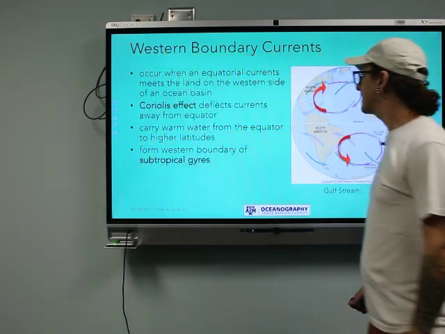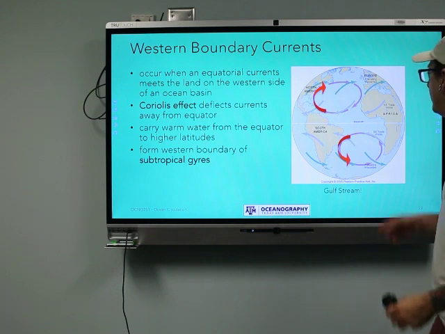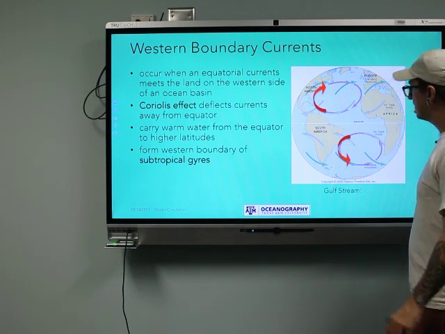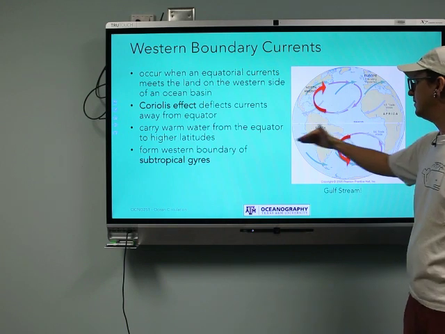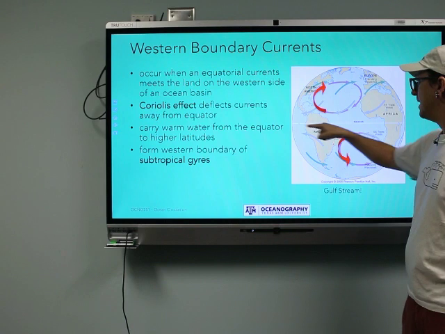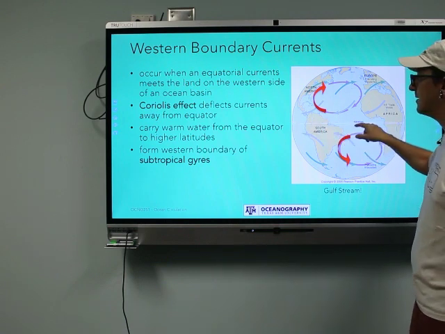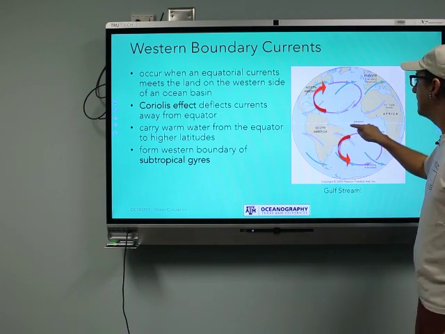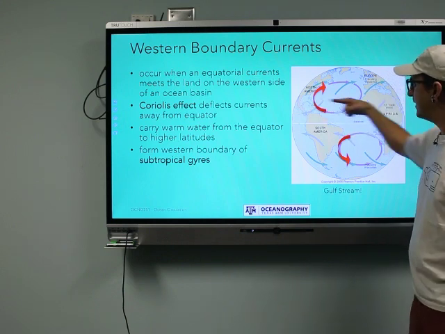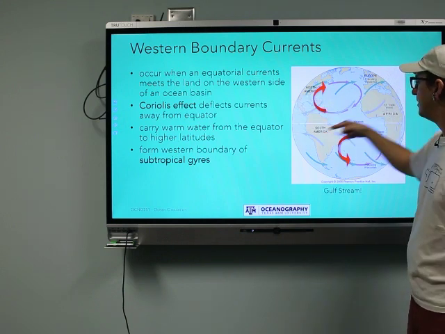The Coriolis effect deflects currents away from the equator. So if you remember, the way these are formed, we have the trade winds blowing north and south of the equator. We've talked about the equatorial countercurrents, and we'll get back to that in the upcoming slides. But just north of that, the trade winds are blowing water this way on both sides of the equator.